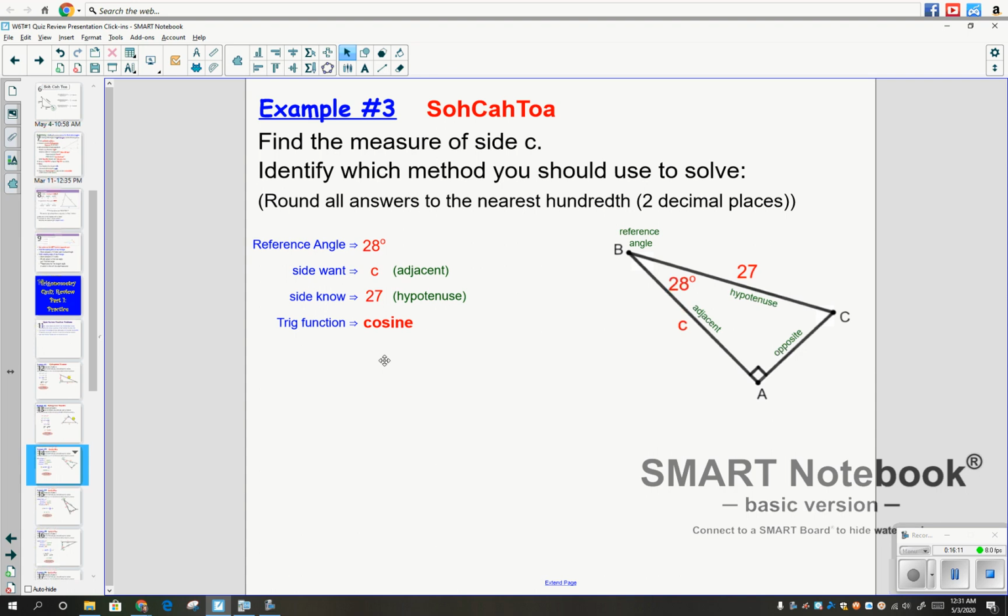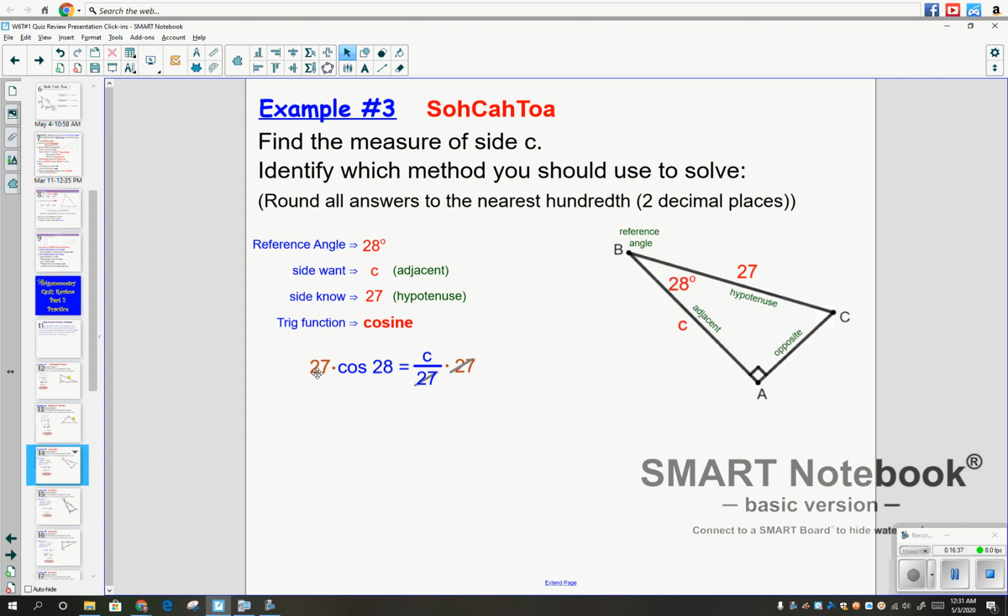So I'm going to set it up. Cosine of the angle. Cosine of 28 equals the ratio of adjacent over hypotenuse, C over 27. Solving for a side, let's get C by itself. So let's clear fractions. Clearing fractions, I need to multiply both sides by 27. They'll cancel on the right.